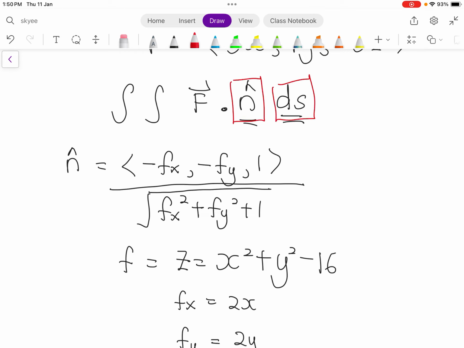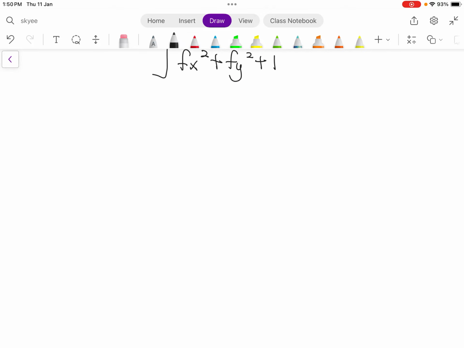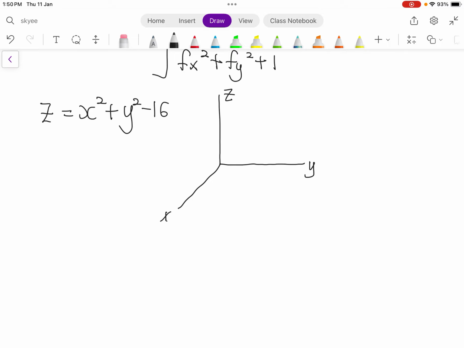Now it's the dS, which will become the dA. For dA you need to look at the whole structure and decide the projection. This paraboloid has the equation x squared plus y squared minus 16. When x and y are both 0, the value of z will be negative 16, so this one will be the point.